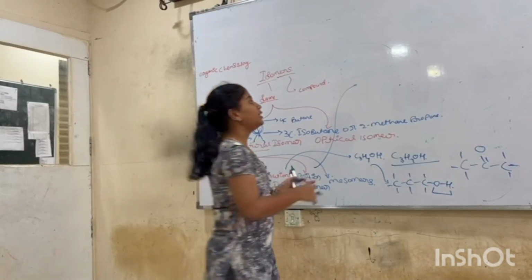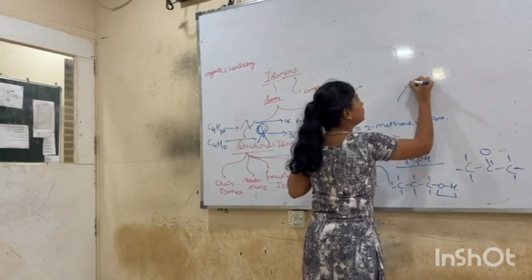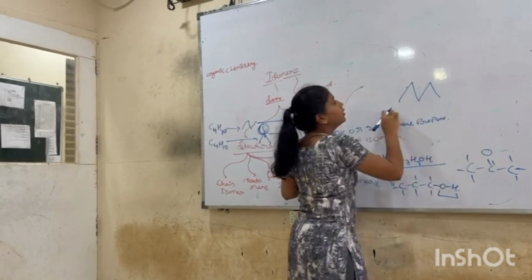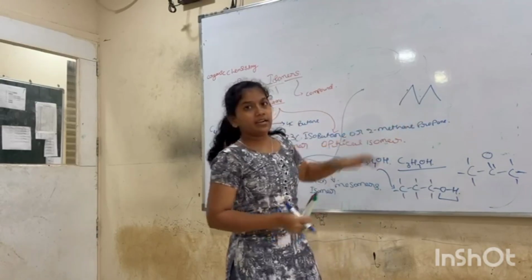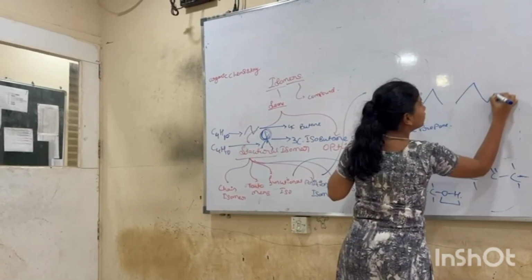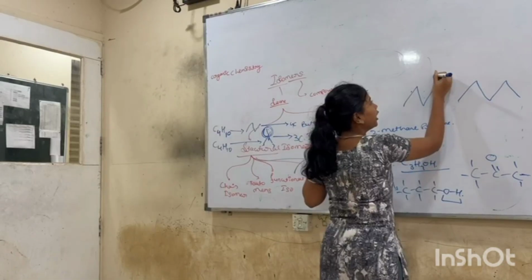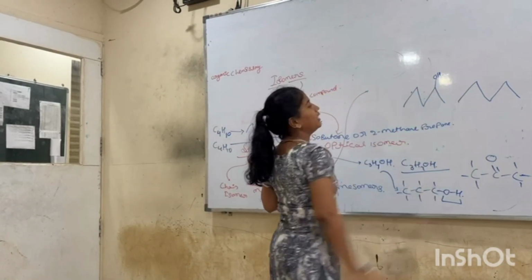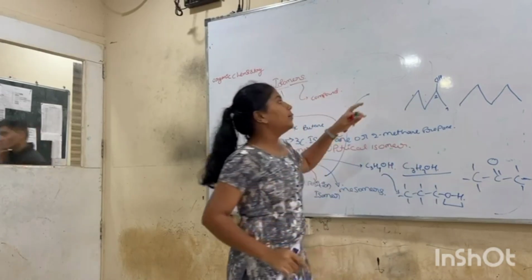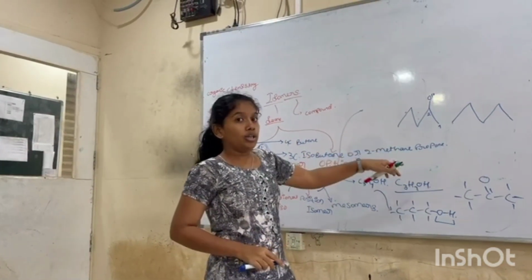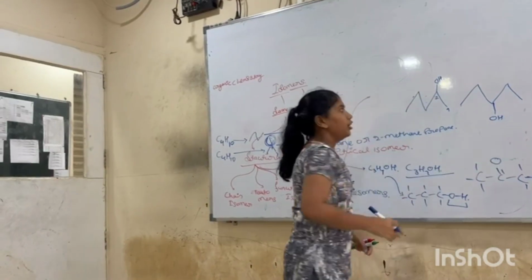In case of this compound, this is pentane. This is also pentane. In case of this, OH is present in this place. This compound name is pentanol, and this is pentane triol.